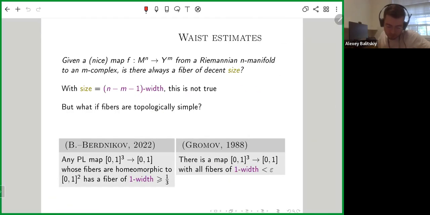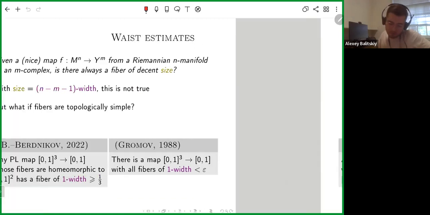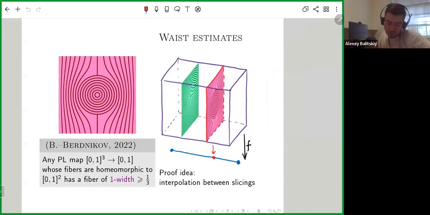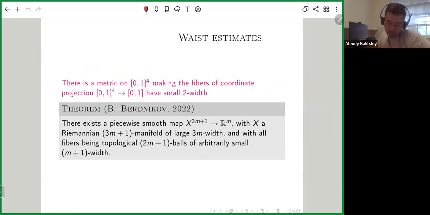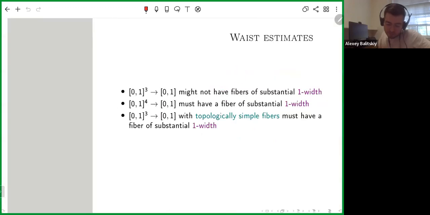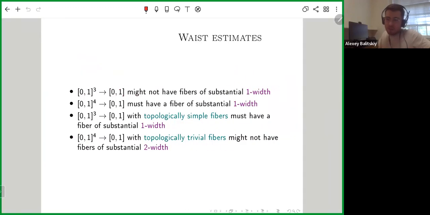What else do I want to say? As always, in questions like this, sorry, I'll just go to the conclusions slide. So in those waist estimates, you can also play with this trade-off between metric complexity and topological complexity.